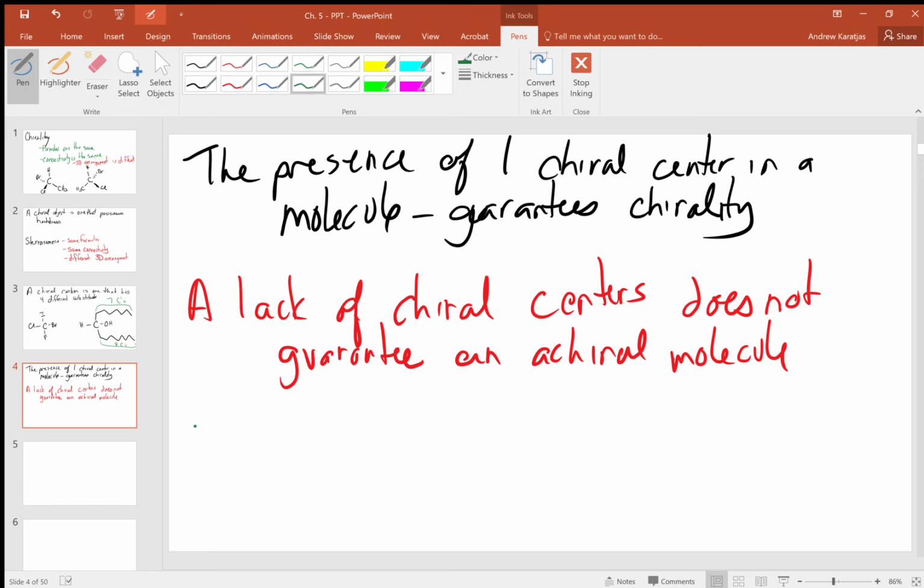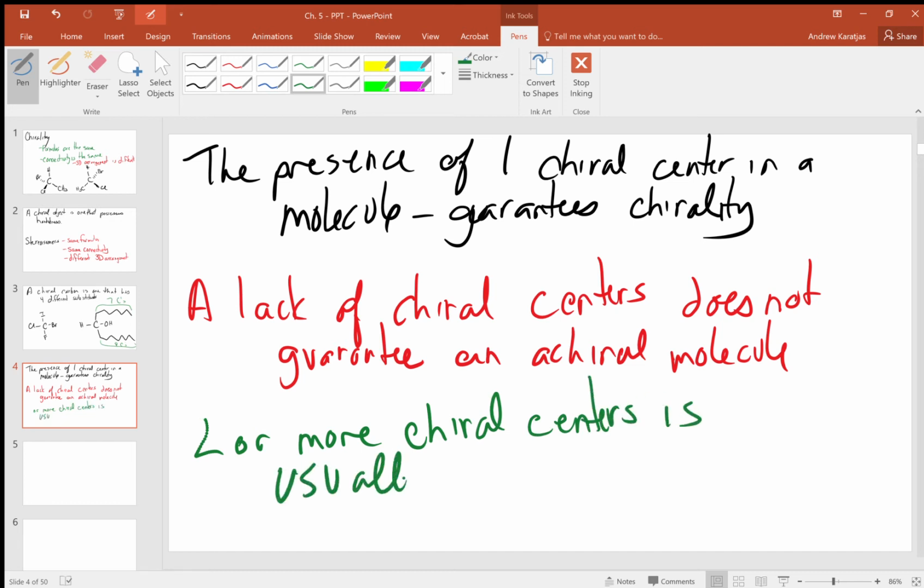And also, 2 or more chiral centers is usually chiral. But again, we will see some exceptions.